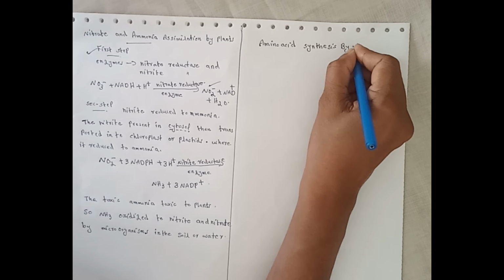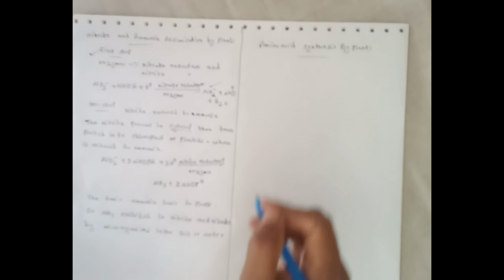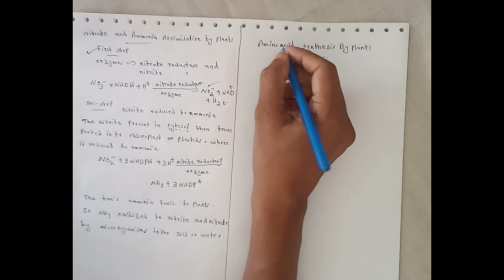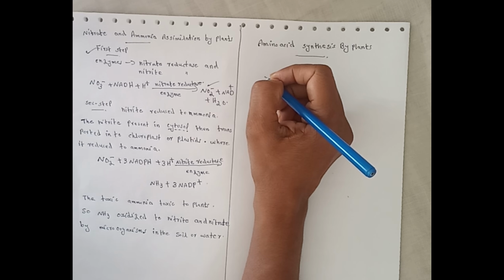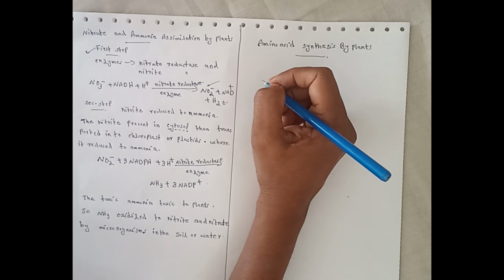Ammonia is the major source for the production of amino acids. There are different types of amino acids. Amino acids have two important chemical groups: first the amino group and second the carboxyl group.